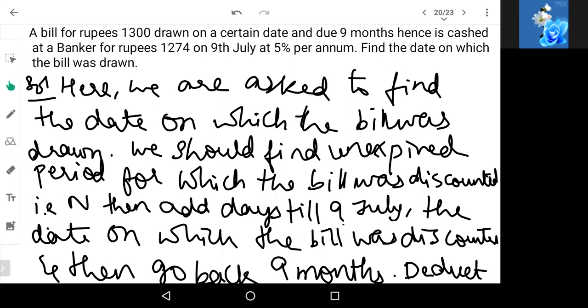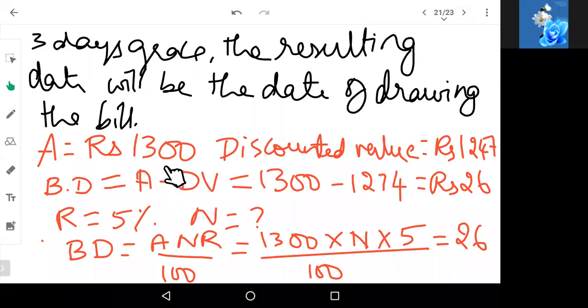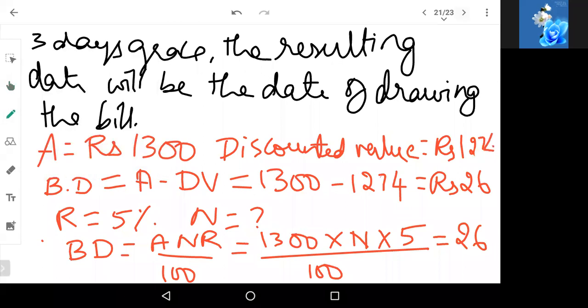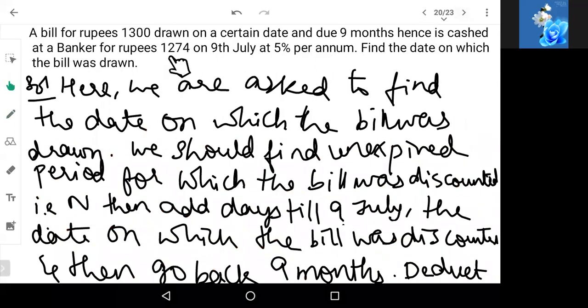So first, we will be considering the amount of the bill. We will be considering the discounted value of the bill. If you take the difference of these two, here is the major problem. It was 1274. So if you see the question, 1300, 1274.